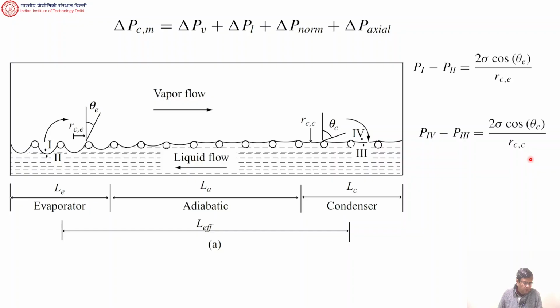Now here I don't like the way this has been marked in Lee's book, because the way this has been marked, RCC appears to be like the radius of curvature, but it's actually not. What I'm saying is he should have marked it like the way he has marked it in the evaporator section, and he should have shown this as RCC, right?